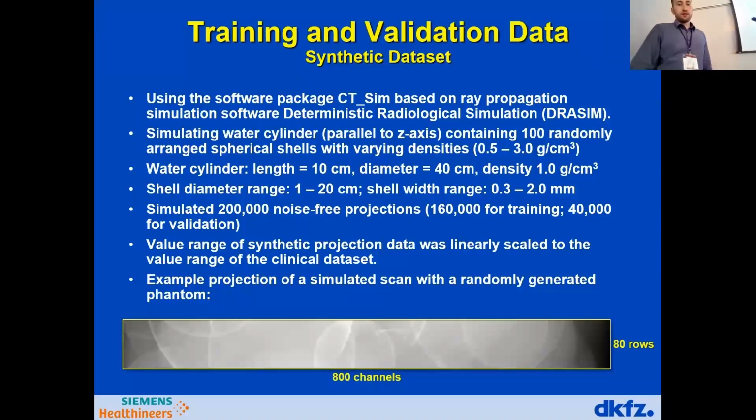And every one of these spherical shells was then overlaid with another smaller shell, resulting in small circular edges with a width of 0.3 to 2 millimeters. And here on the bottom, you can see an example projection from the simulated data set.